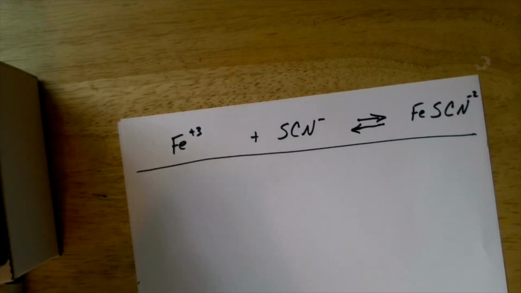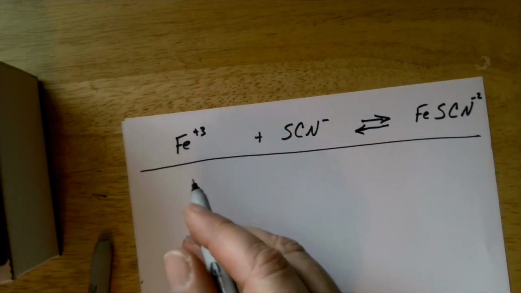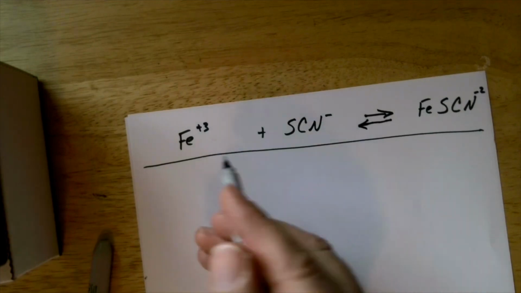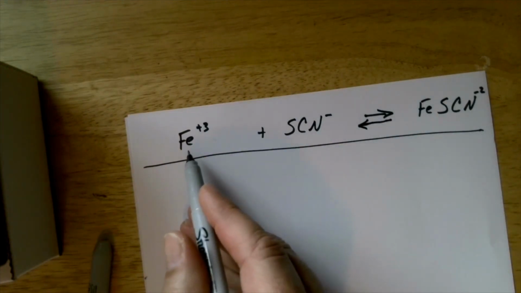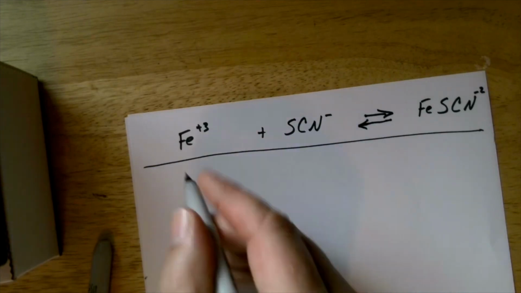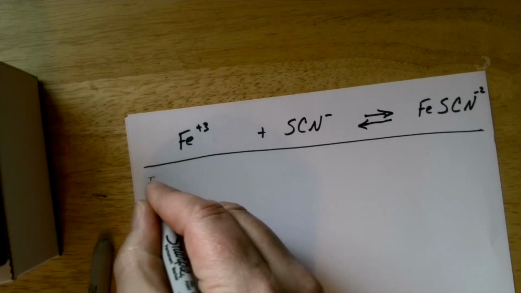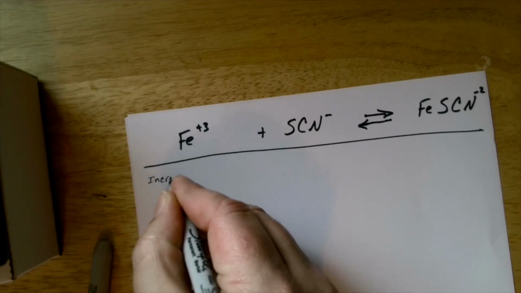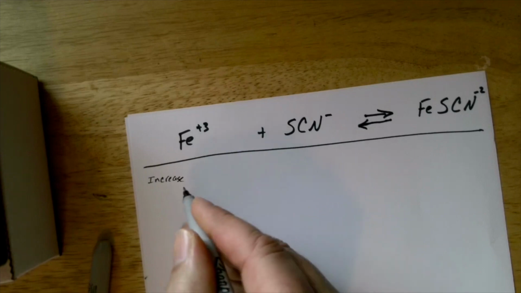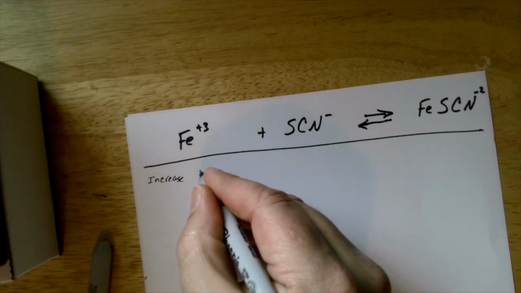So, the next thing I want to point out to you here is that the iron thiocyanate here is produced by the iron and also by the thiocyanate. And there's two ways we can cause a stress to the system, by increasing the amount of iron, and that's done with the ferric nitrate.